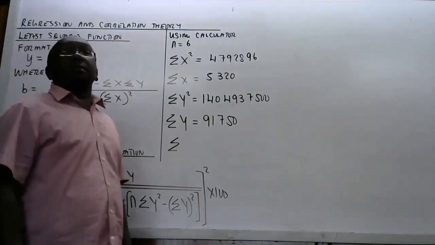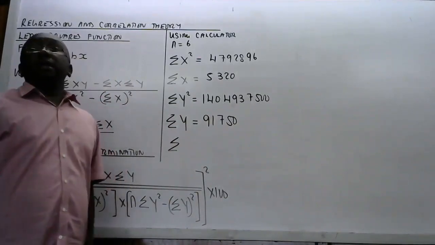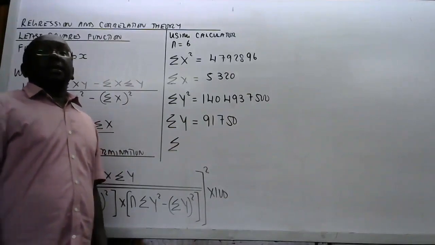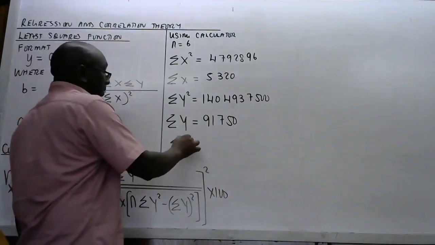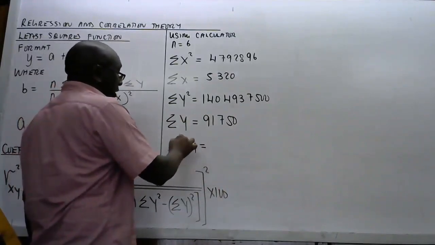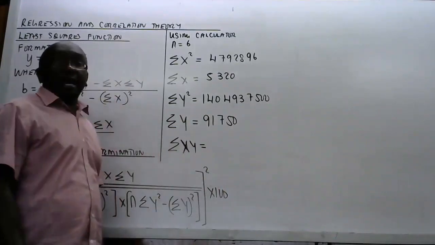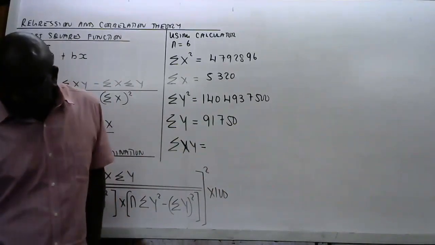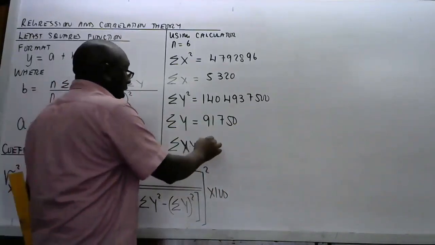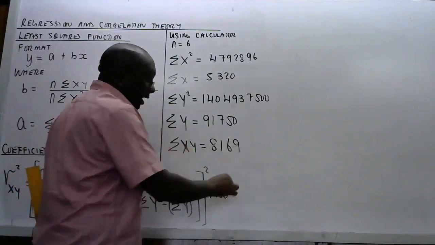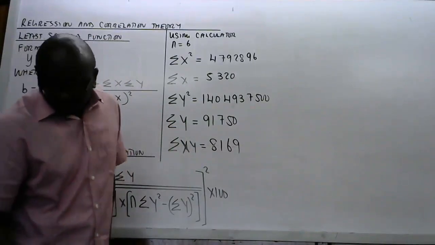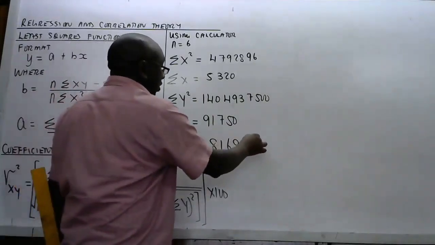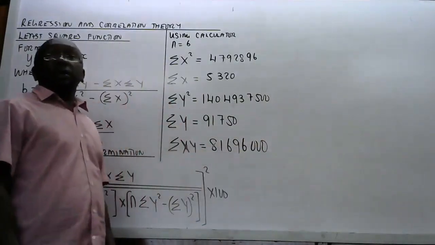Shift button number 1. We play forward. Now you see sum of xy. Press the number below it and press equals and tell me whether you get 8,169,600. You have that.